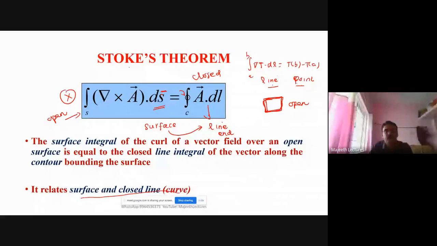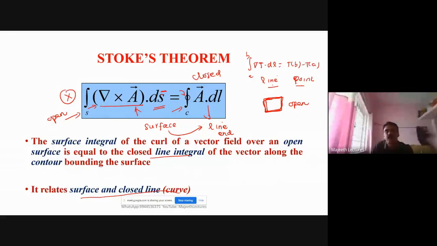This is very important. Next, the statement is very simple, but the statement is not required in any competitive exam. Anyway, I will write it. The surface integral of the curl, del cross A, of a vector field over an open surface is equal to the closed line integral of the vector A along the contour bounding the surface.